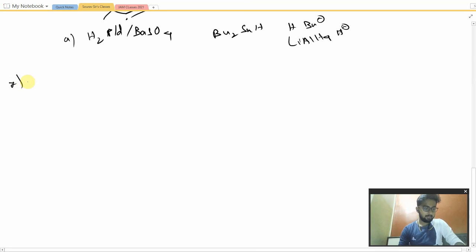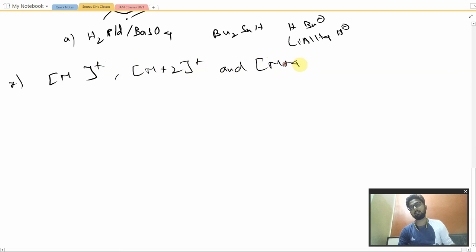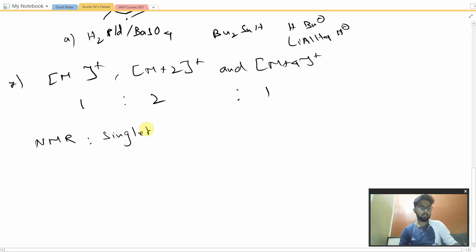Question number 7 says that in organic chemistry, an organic compound exhibits the data that is given: in mass spectroscopy, M+, M+2 and M+4 in the ratio 1:2:1, and the 1H NMR data shows a singlet at 7.49.